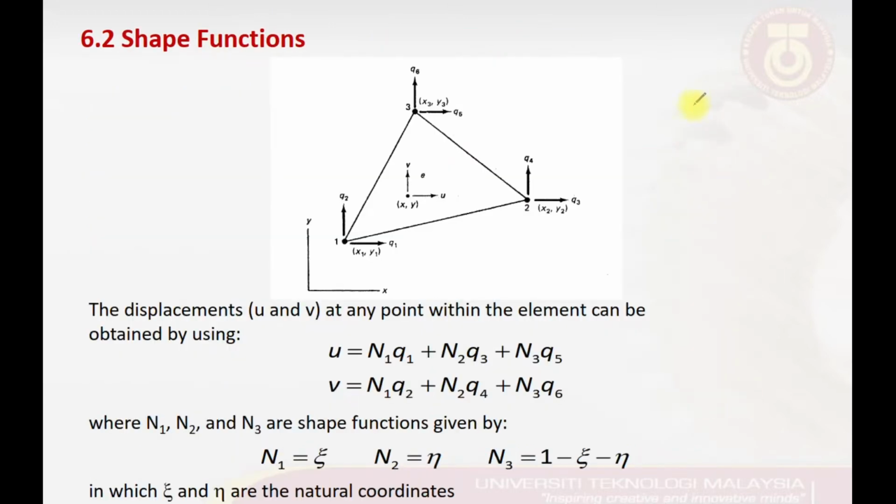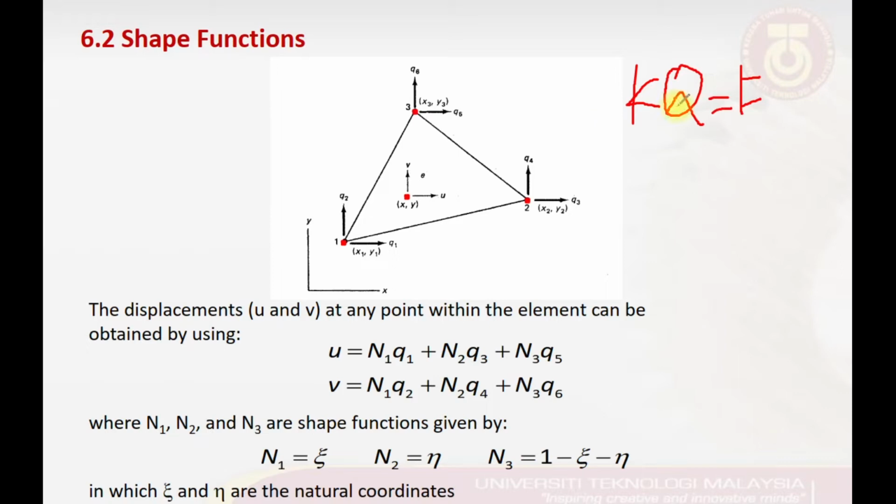As usual, once we have solved the system of linear equations in the form of kq equal to f, we obtain the translations or deformations at each of the nodal points within our CST element. But sometimes we are also interested in determining what is happening at an arbitrary point, or anywhere within our CST element.